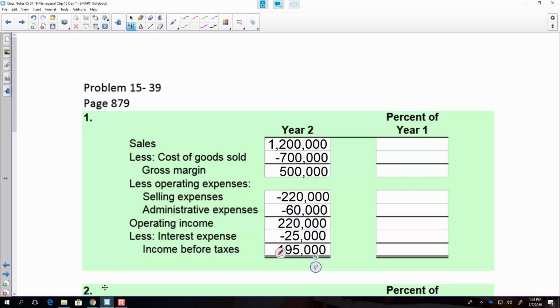So in this particular example, we have in year 2, 1.2 million, cost of sales 700,000, gross margin 500, and then minus our expenses, we get an operating income of 220, less our interest expense, which is non-operational, right? That's why it's after operating income. It's a finance expense. We get to our income before taxes of 195. So these are just copied numbers from the problem.